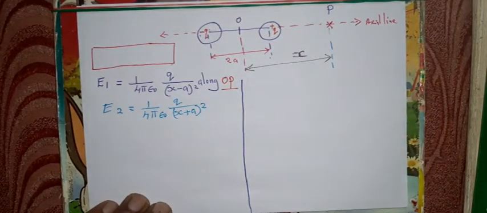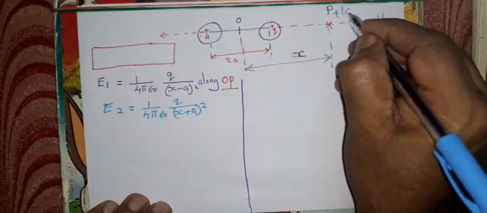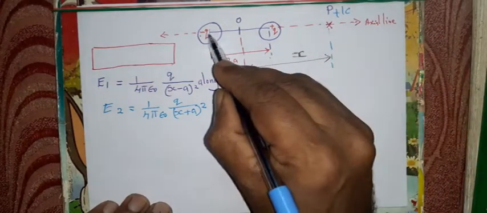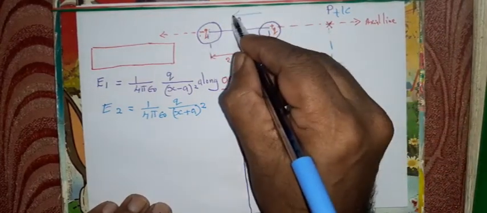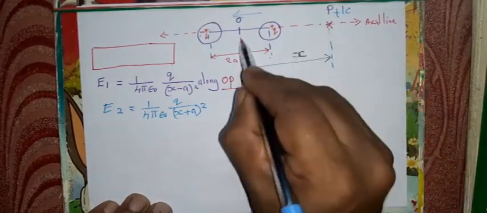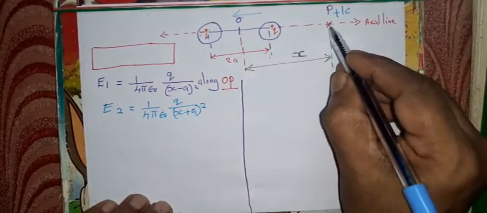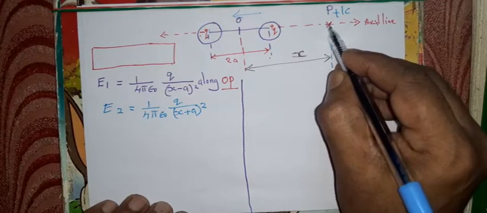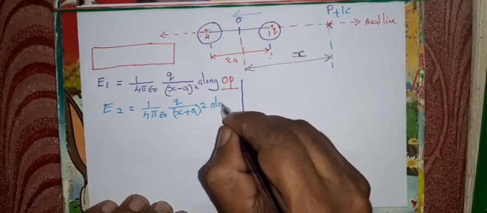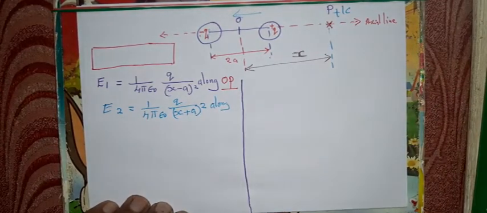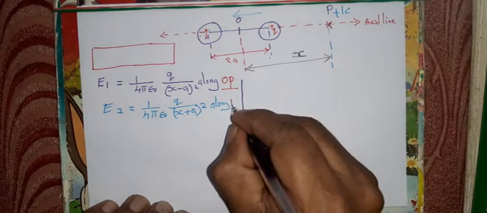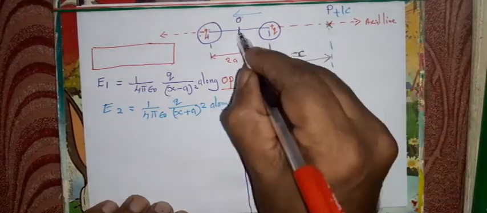And what is its direction? Once you place 1 Coulomb positive charge here, you know minus Q will attract it. Therefore, what is the direction of the intensity of the electric field produced by minus Q at P? It is along PO.